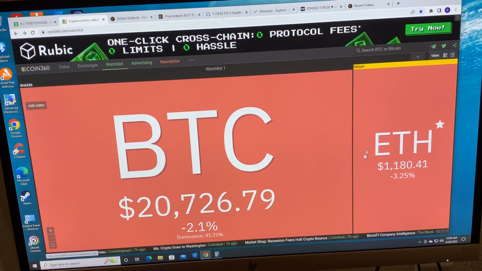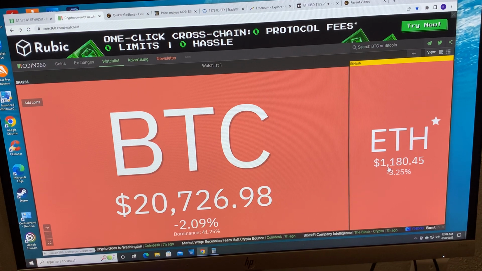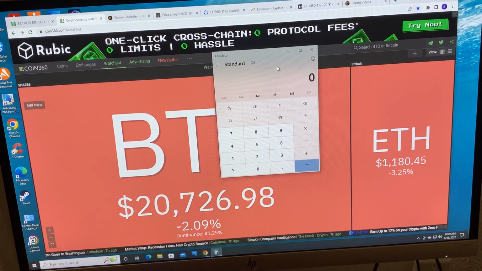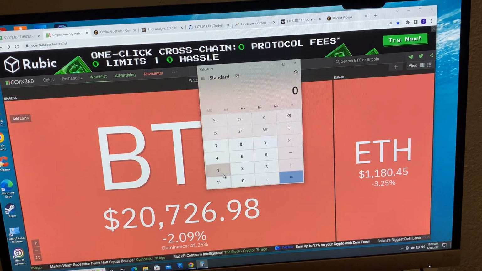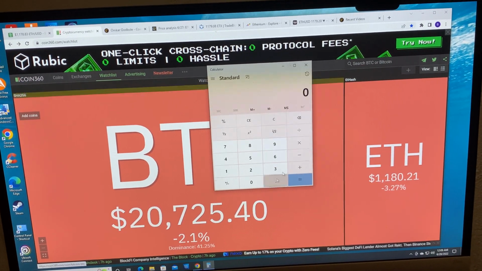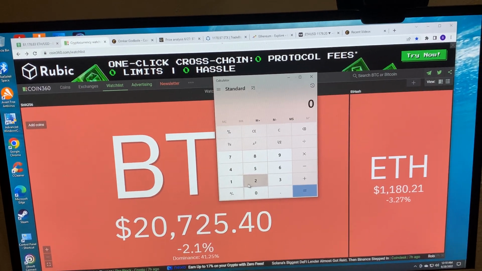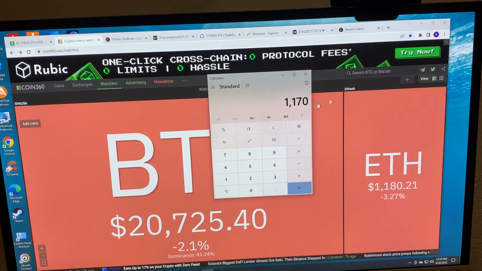Let's say you want to buy low, sell high. So let's say you put 1170, because 1170 will be 1.5, something like that. Let's use 1170 and 1180 just so you can get a better idea of what this is. So you use limit. You buy at limit at 1170. Do not buy at market.